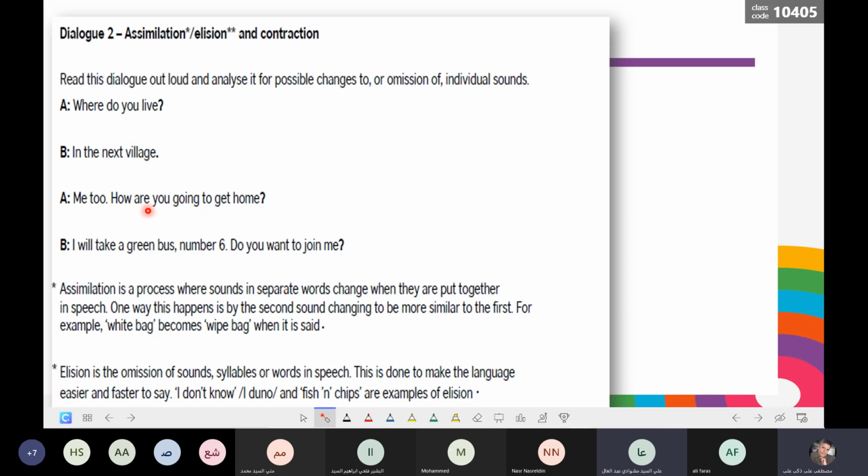How connected with "are". So this is linking. This is what we call linking. The consonant sound w and the vowel a, which is in the word "are", we link them together.